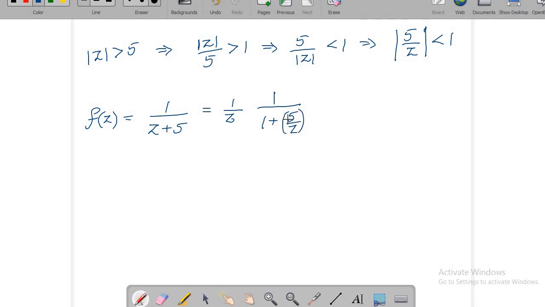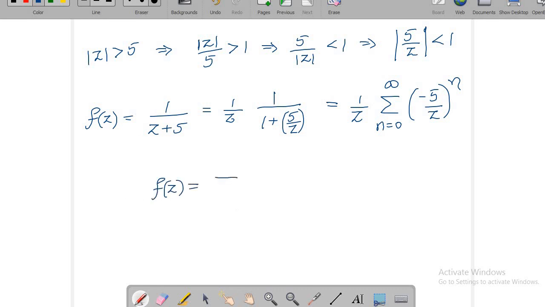Since 5 by z has absolute value strictly less than 1, then you can write its expansion. So let us write it. 1 by z, summation n equal to 0 to infinity, I have minus 5 by z whole power n. In other words, f of z equal to summation n equal to 0 to infinity.